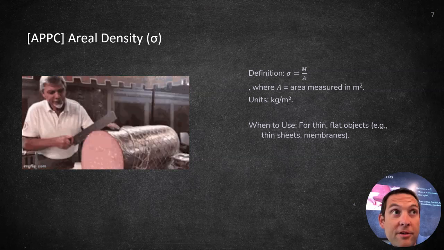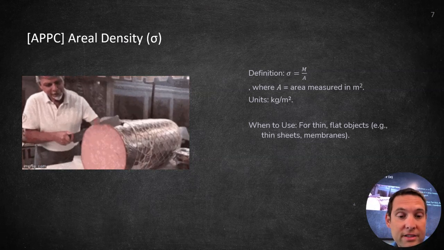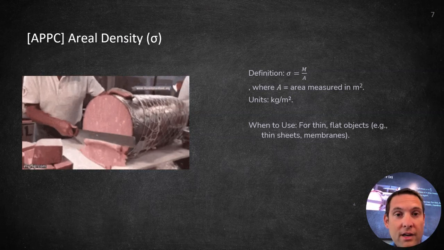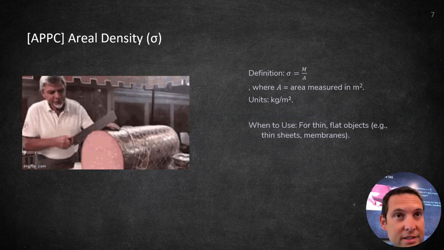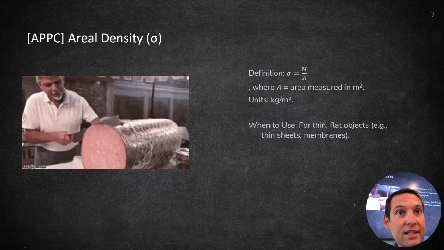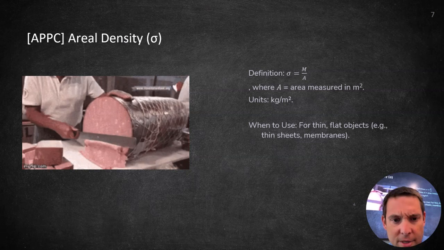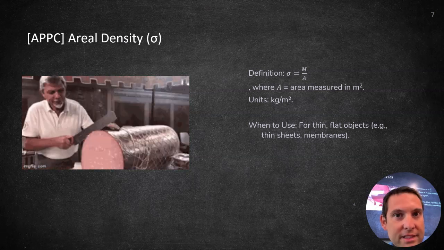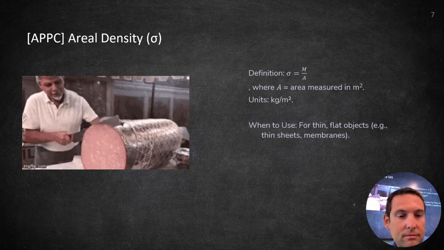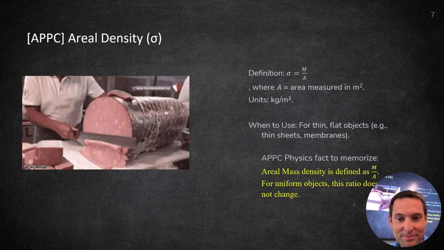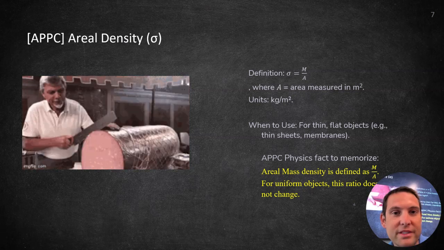Something to keep in mind for both linear mass density and areal density is mass per unit length or mass per unit area is going to remain constant if the density is uniform. So each one of those slices of salami has the same density as long as they were truly equal cut. That ratio is not going to change.